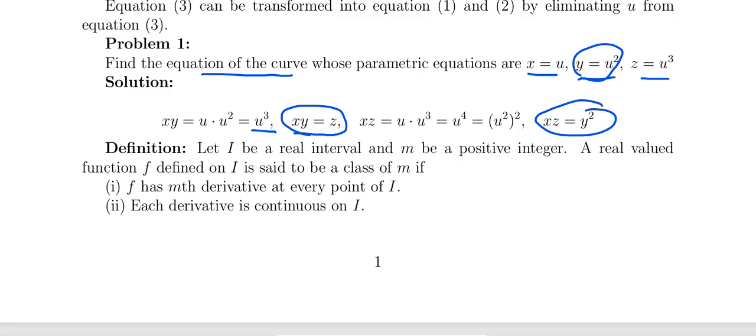Okay. So I என்றது real interval, m என்றது positive integer.